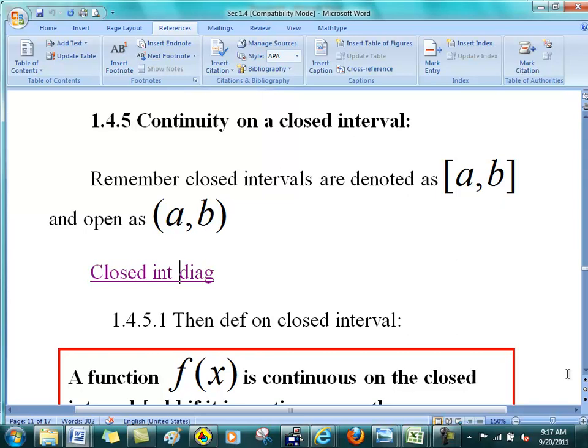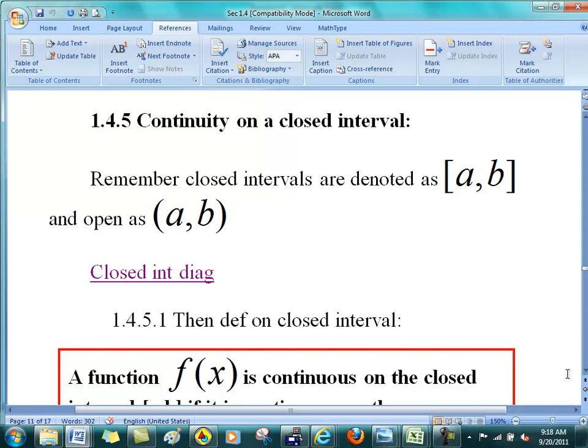Okay, that's one. f(c) is defined. Okay, a limit exists. That's right. If the limit is equal to f(c), then the function is continuous at the point x equals c. So that's the definition we've got to keep in mind.